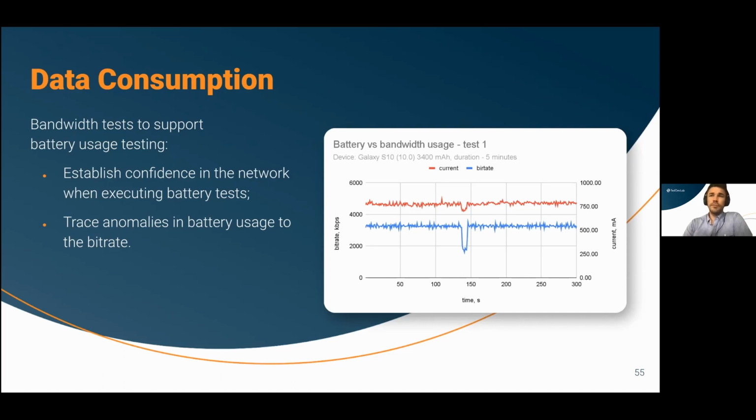So at the same time, there is a drop in the bitrate, and also something happens with the device current consumption. Sometimes it's the opposite, a spike in current and drop in bitrate. So anomalies like this can be traced by specific analysis of these logs.